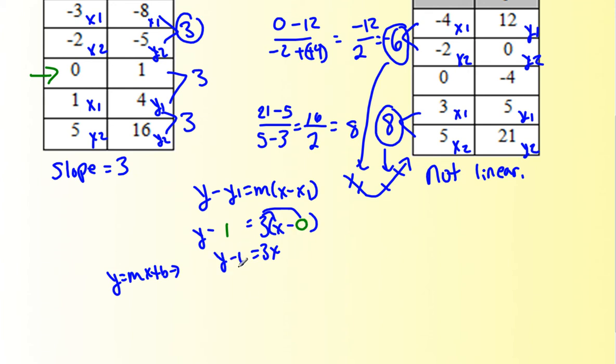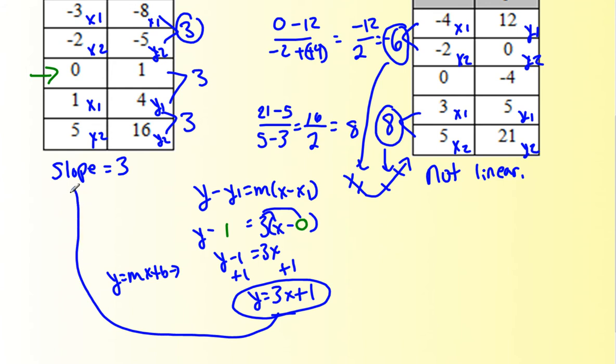And then to get this y by itself, if we add 1 to both sides, y equals 3x plus 1. This is slope-intercept form. So right there is my slope, and right there is my y-intercept. So the slope is 3, and the y-intercept is 1.